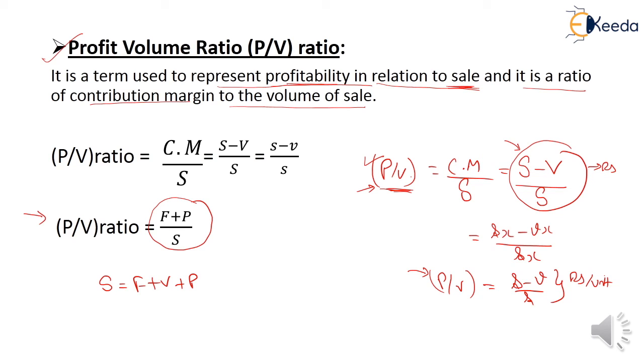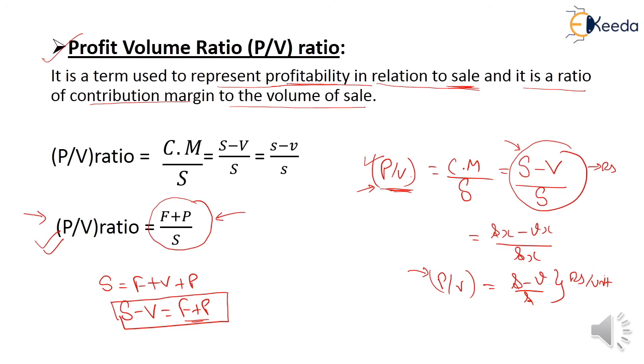So here V comes to the left side, so capital S minus V is nothing but F plus P. So we put S minus V equal to F plus P. So PV ratio is also written in terms of F plus P upon capital S. So if in the question the examiner asks for the PV ratio and gives the fixed cost, profit and total sell cost in rupees, you can apply this formula directly.